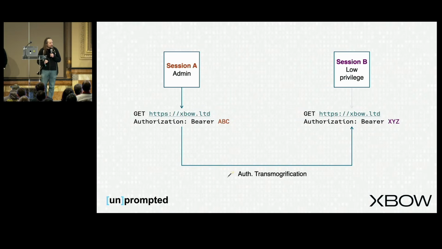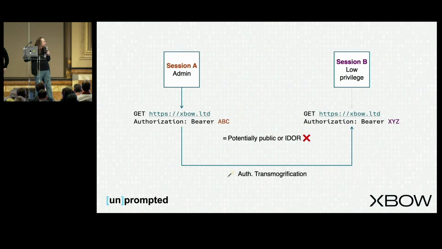And so we use the highly technical term auth transmogrification here. And it turns out that this is actually a script that you can get an agent to write for you, right? Its inputs are a browser state and a URL, and its output is a request as made correctly under that auth context.